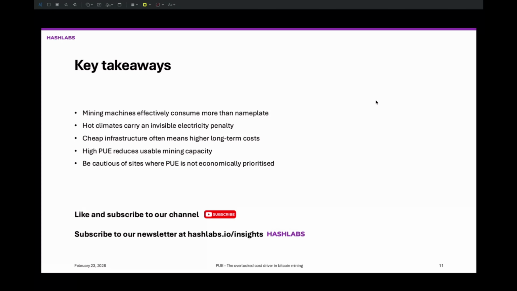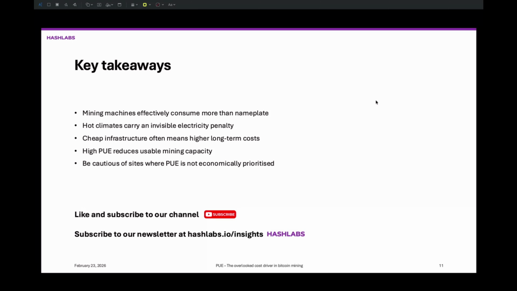And this last point is to be cautious of sites where power usage effectiveness is not economically prioritized. This is like everything in the world. Sites in developing countries where people don't really want to invest so much money usually have worse power usage effectiveness. They don't prioritize investing in that infrastructure.